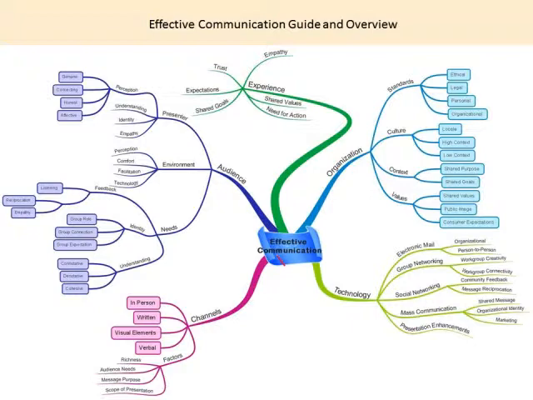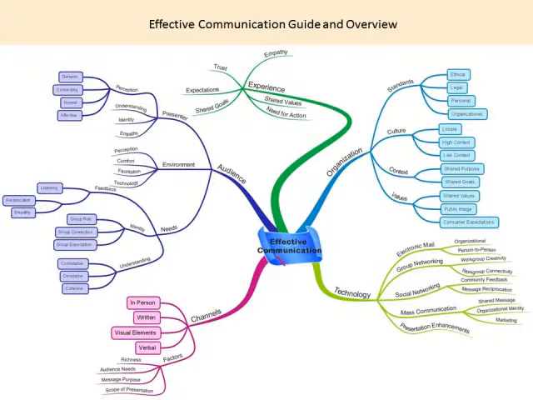Presented here, you will see a mnemonic known as a Tony Buzan mind map, which will help organize all of the information in the foregoing presentation. As you can see, the criteria for effective communication have been addressed, each on a branch of the mind map.